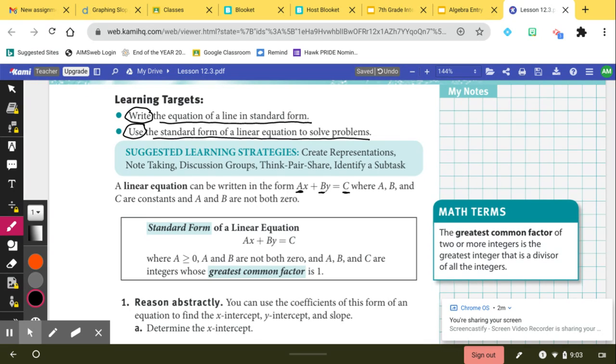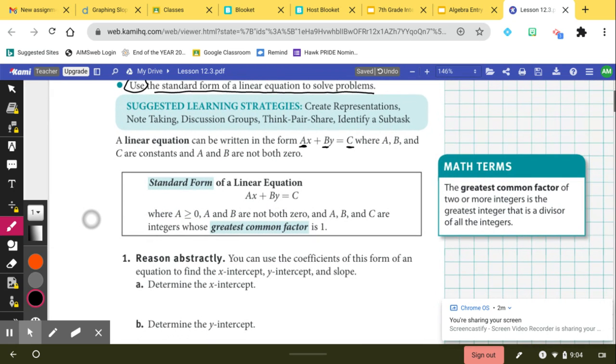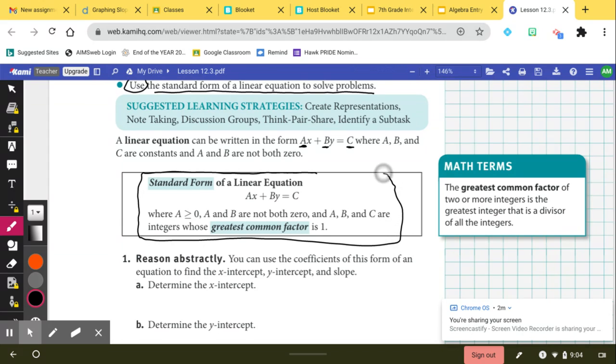They're not points. So we need to take that into consideration, which is why we're going to be doing a lot of converting to deal with standard form. So writing this out, standard form of a linear equation is ax plus by equals c.